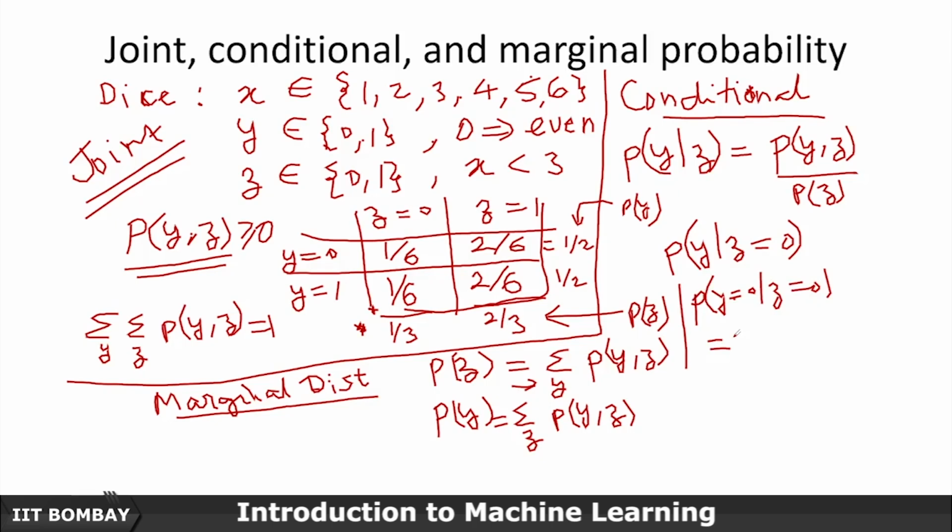It is going to be the joint distribution that both of them are 0, which is 1 by 6, divided by P of z is equal to 0, which we know here to be 1 by 3. So, this is half. Similarly, we can find other conditional distributions by using Bayes theorem.